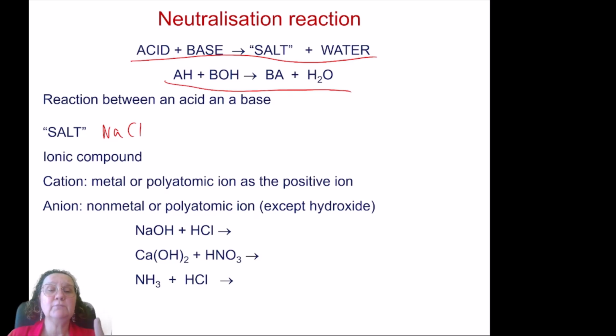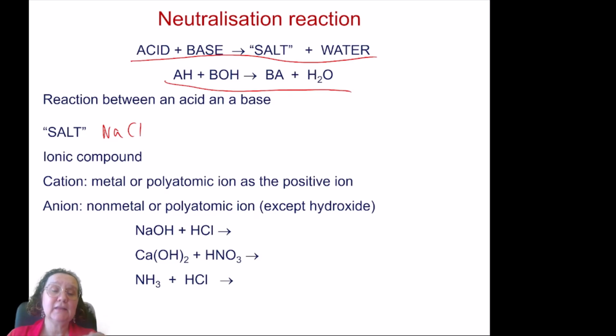The cation can be either a metal or a polyatomic ion. That is a group of atoms that are bonded by covalent bonds, but that as a whole have a positive charge, so as a whole they behave as an ion.